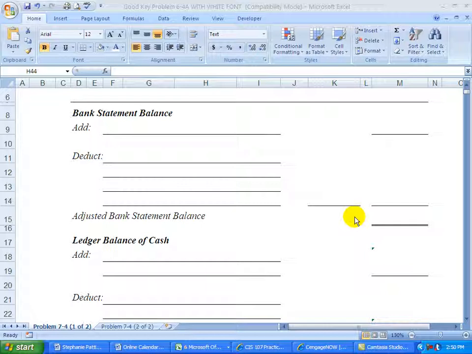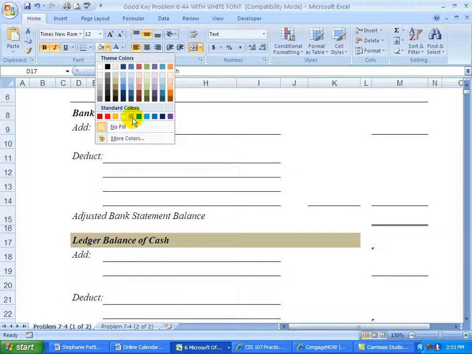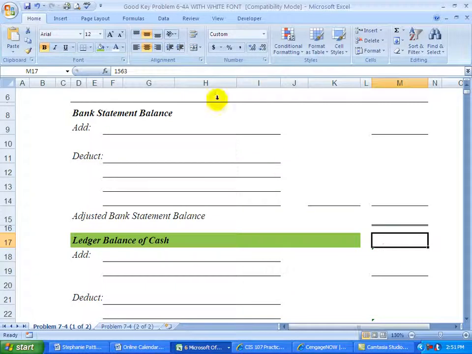So let's start with the ledger balance of cash, which is $1,563. So that's going down here. The ledger balance of cash is how much is in our checking account, in our checkbook, and in our cash account in the general ledger.